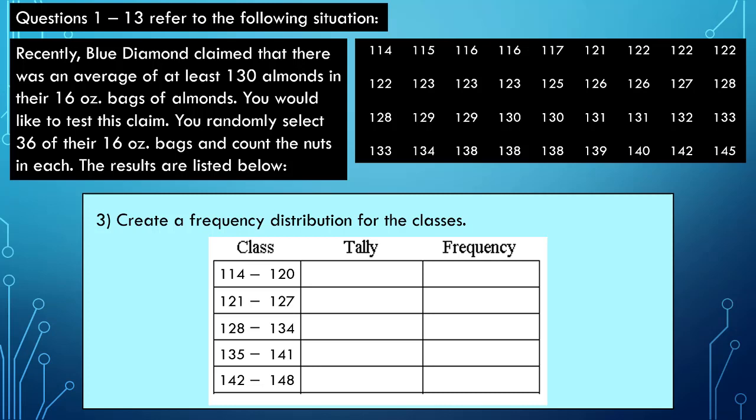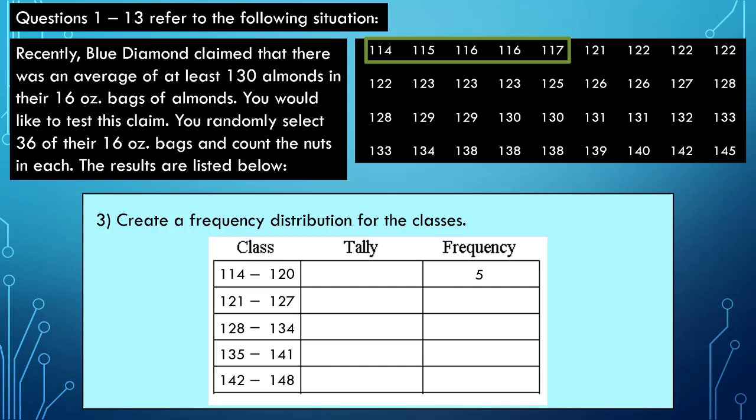Since your data is in order, there's not really much of a tally to do, because that's where you're going through an unordered array and looking for data values that fall in each class. Here, because they're ordered, it's a lot easier. So from 114 to 120, let's look up at the data, and hopefully you realize it's those first 5 data entries. And that means the frequency of the first class is 5.